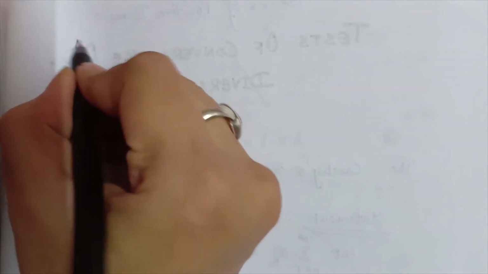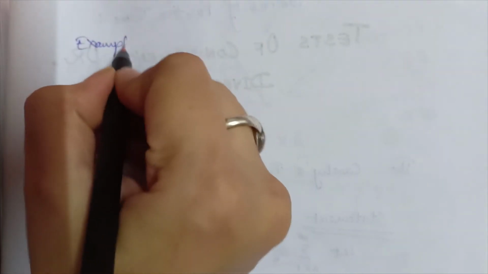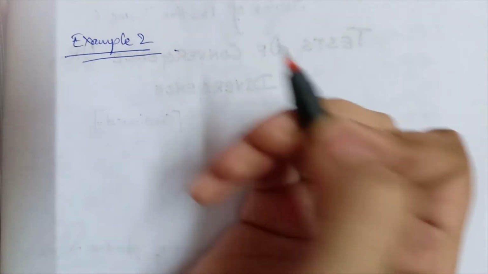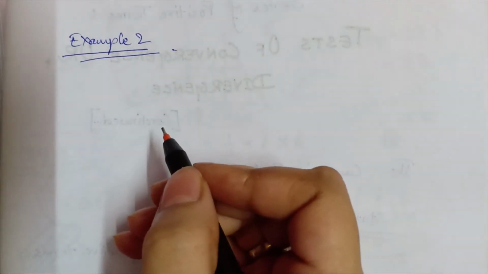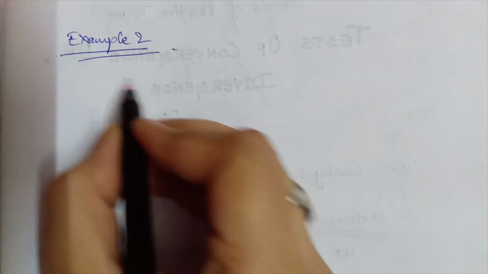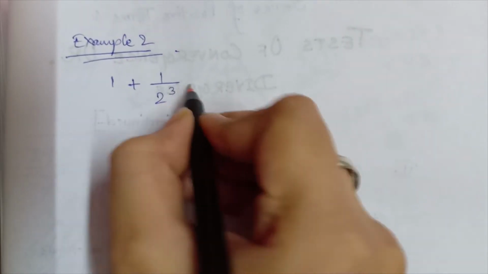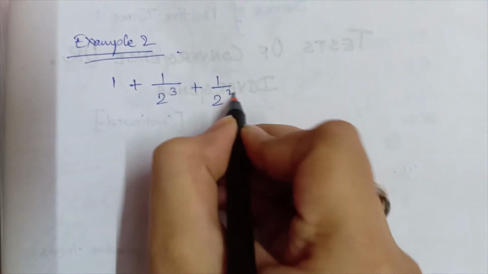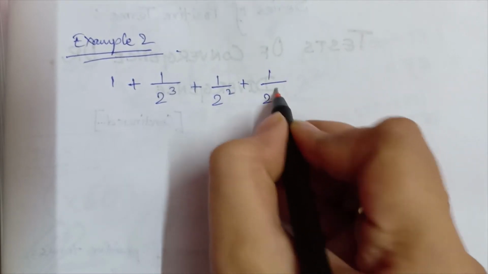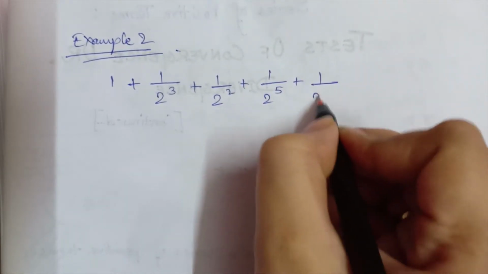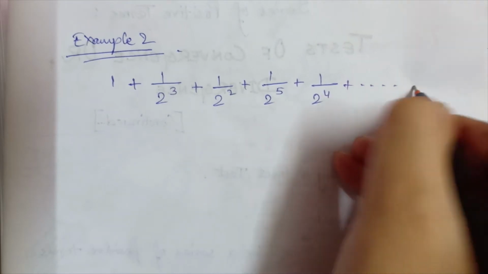For our second example, example number 2, we need to investigate the given series, which is 1 plus 1/2 cubed plus 1/2 squared plus 1/2 to the power 5 plus 1/2 to the power 4.